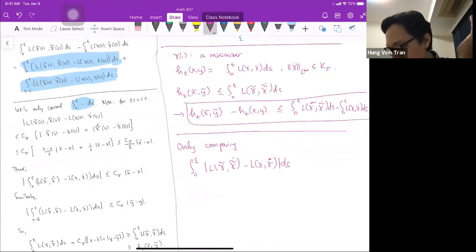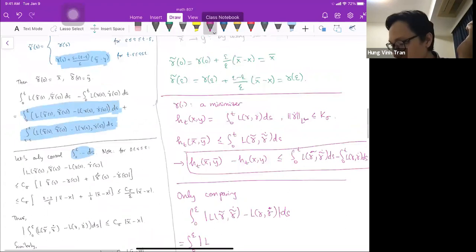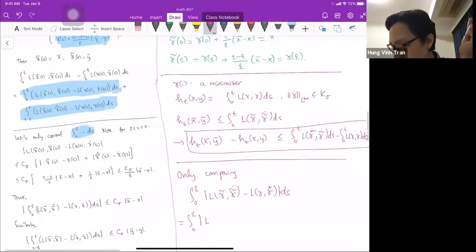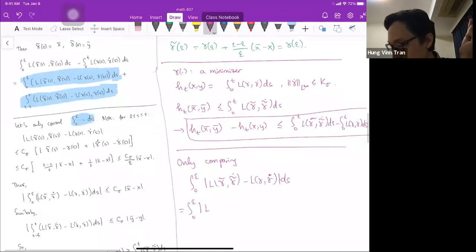you can write this one down explicitly. This is the integral from 0 to epsilon of L of gamma tilde. Again, you can recall the formula up here, right? So you're just taking gamma of s plus epsilon minus s over epsilon multiplied with x bar minus x.